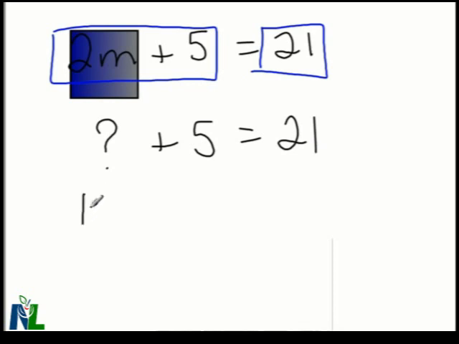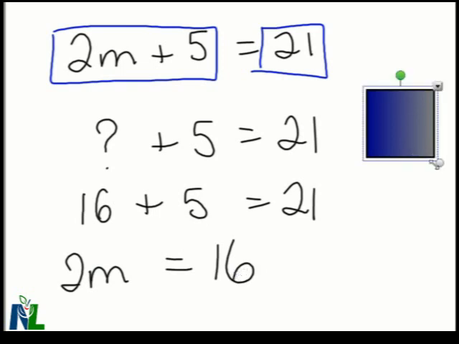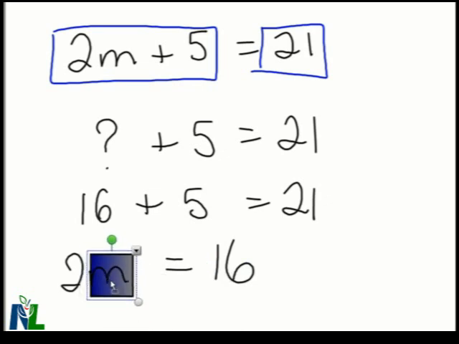So you should know that 16 plus 5 equals 21, which means what's underneath the block here, the 2m, is equal to 16. Now we're going to use our block again, and we're going to cover up the m.